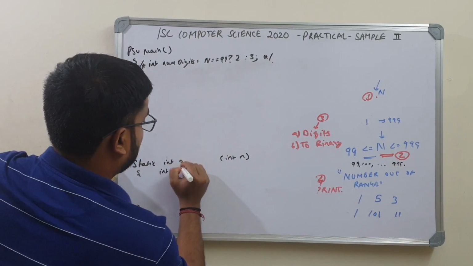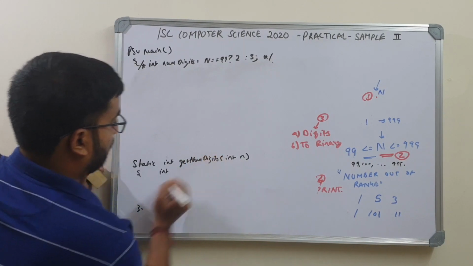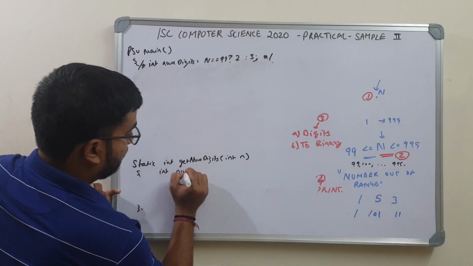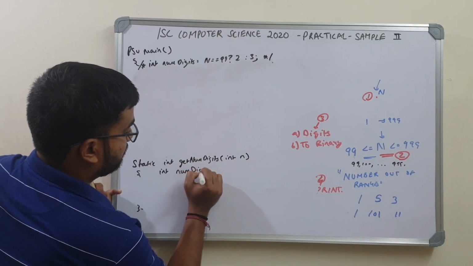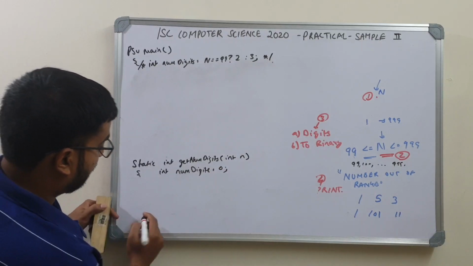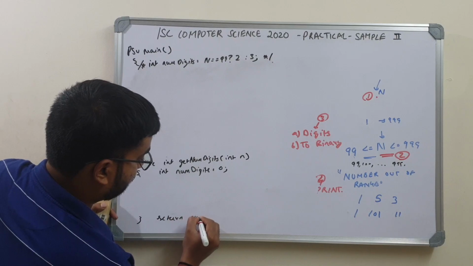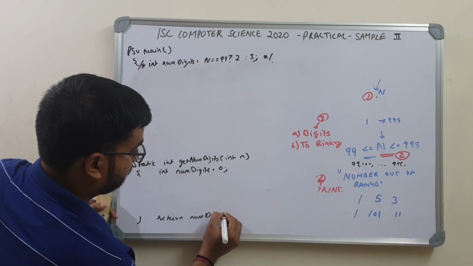Then I'm going to say int num digits is equal to 0. Finally, returning this value after finding it, I'll say return num digits.